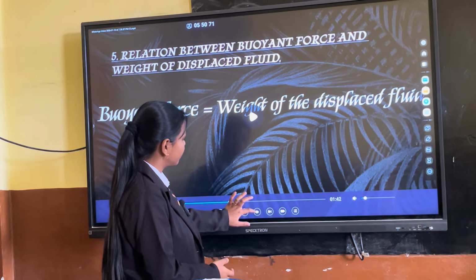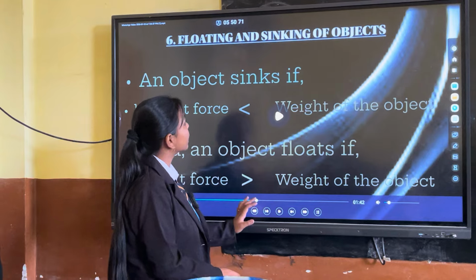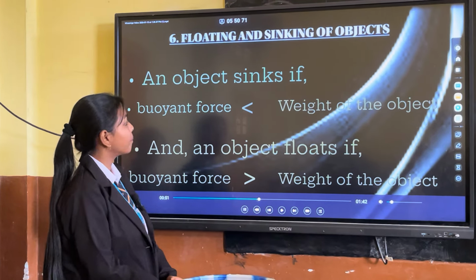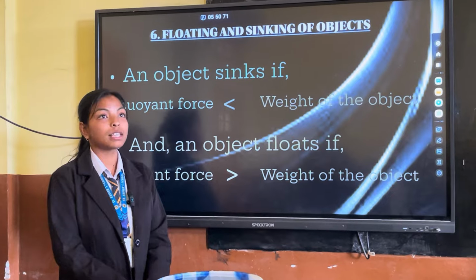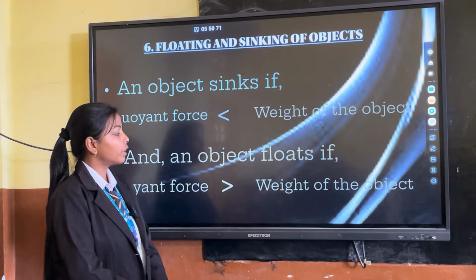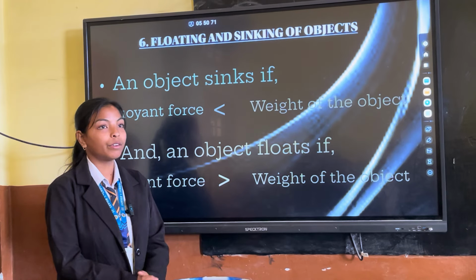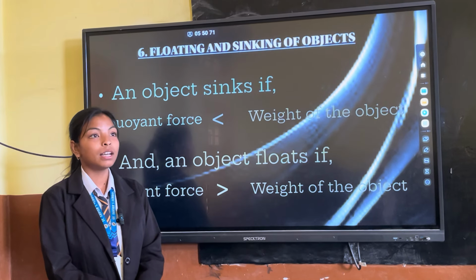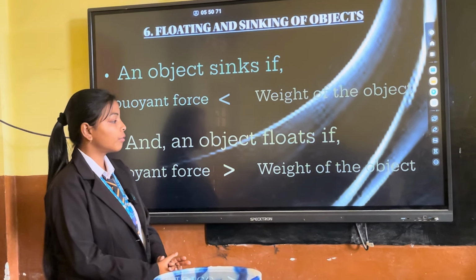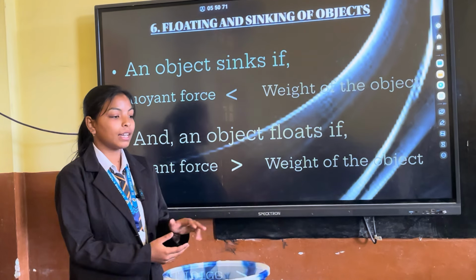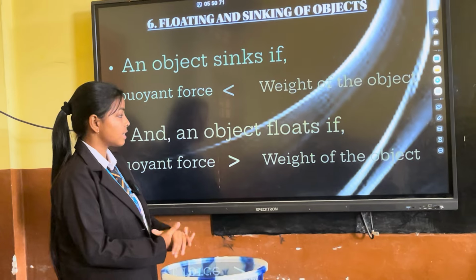Another one is floating and sinking of objects in a fluid. This is the condition when the buoyant force is greater and the weight is less.